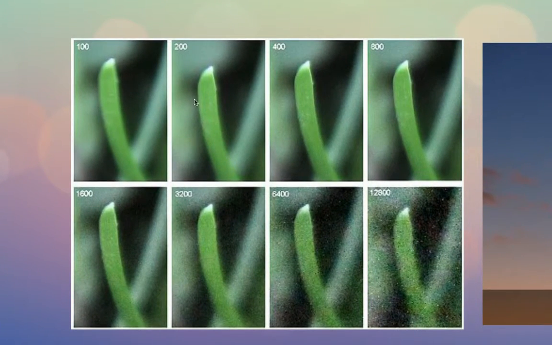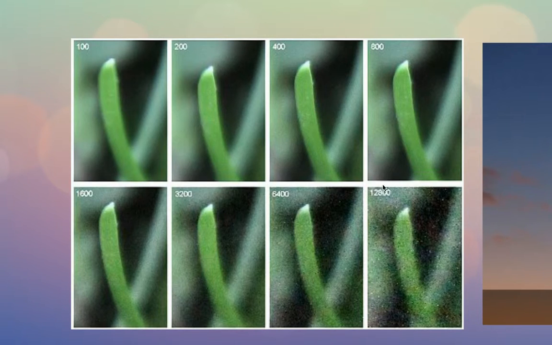Now, they come in certain set numbers. 100, 200, 400, 800, up to 1600 are pretty normal ISO numbers for film. But when you get into digital, you've got to be careful, because the faster the ISO, or the sensor, when a digital camera absorbs light, the more distorted the image can become.